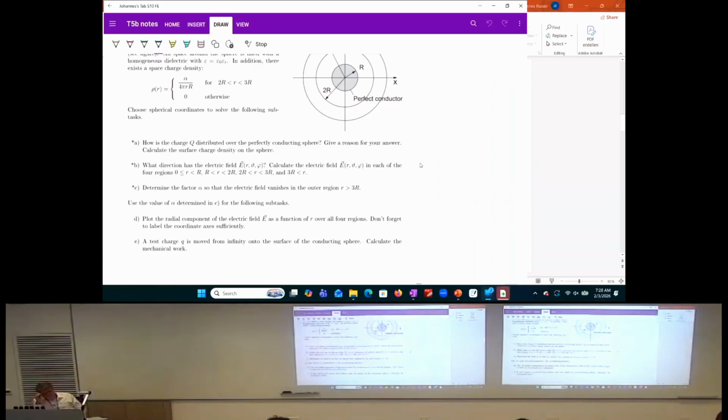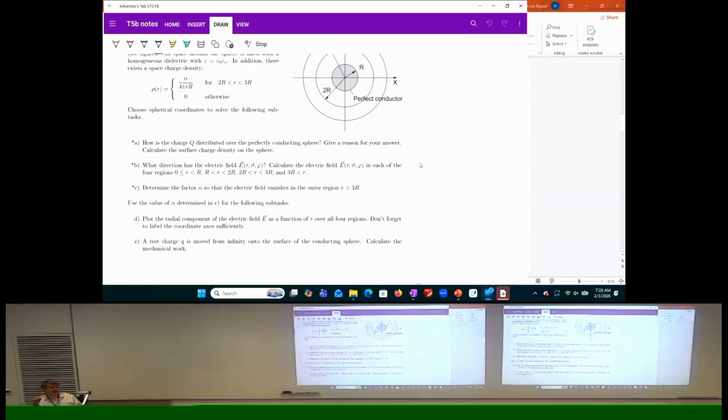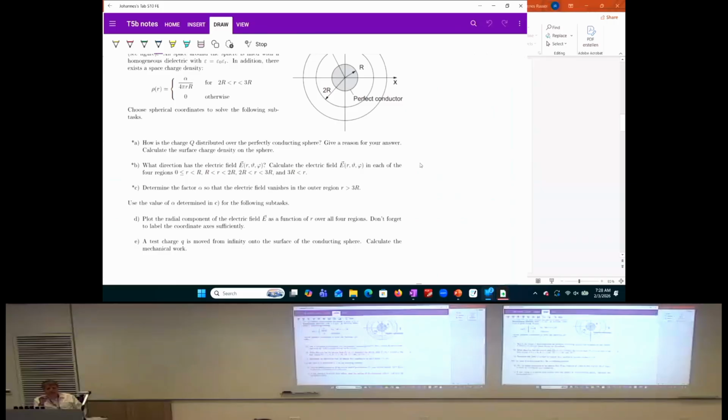Anybody? How would you assume it is distributed? There's a certain amount of charge, and it's a perfectly conducting sphere. In the previous example, we started from 0 and increased the radius of the control sphere more and more, and used that to determine the flux density.